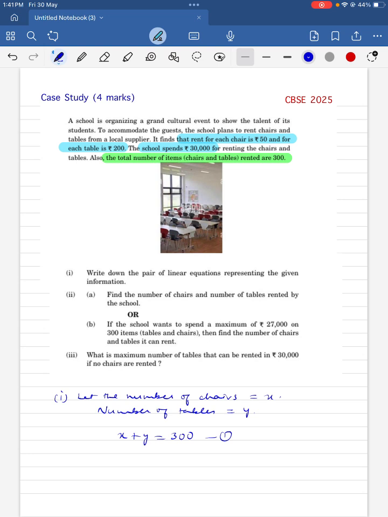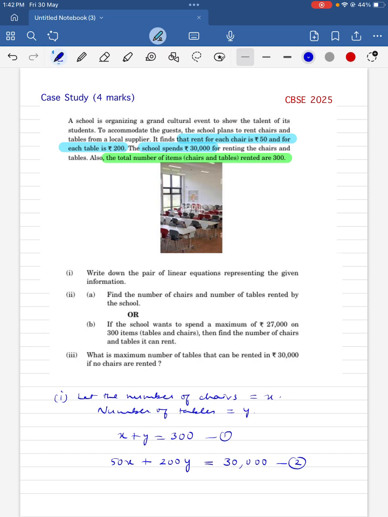Now in the second part, they've mentioned that the rent for each chair is rupees 50 and for each table is rupees 200, and the school spends 30,000 rupees in all. So that means 50x will be the cost of x chairs, and 200y will be the cost of y tables. Now together this is equal to 30,000 rupees. So that's my second equation.